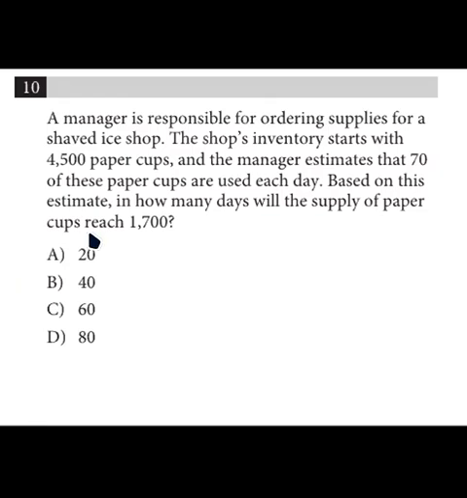Okay, so question 10. We have managers responsible for running supplies. They start with 4,500, and also 70 are used each day, so minus 70x, and the final value is 1,700. So equals 1,700.